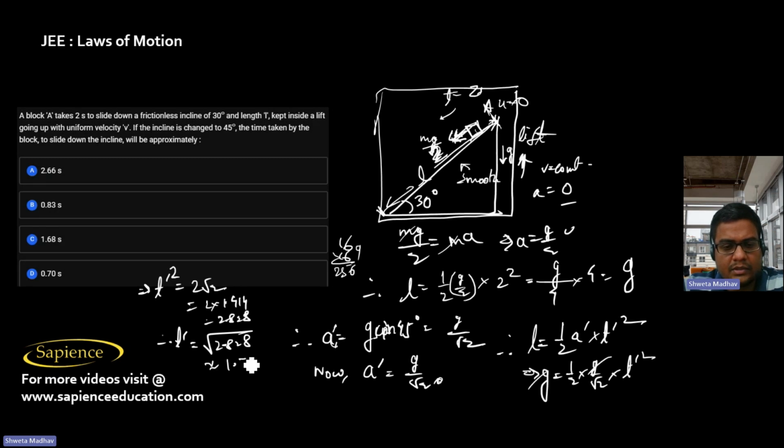So it will be approximately 1.7 seconds. So it means the closest answer is option C, which is 1.68 seconds. So the time taken for the block to slide down the incline will be 1.68 seconds.